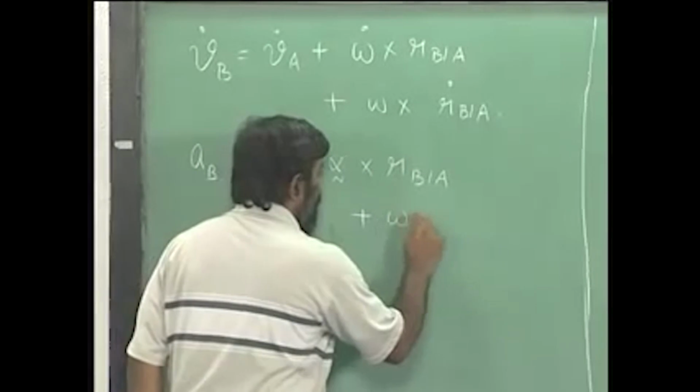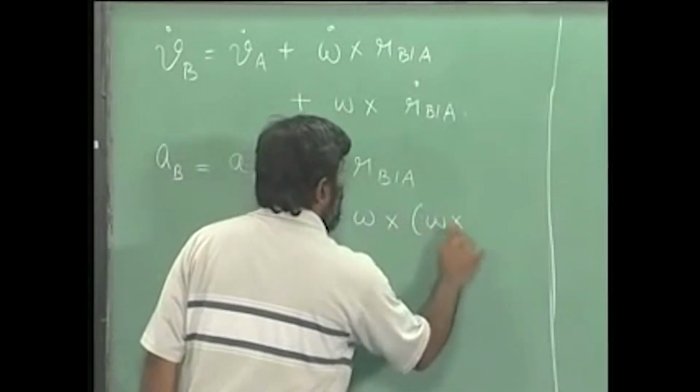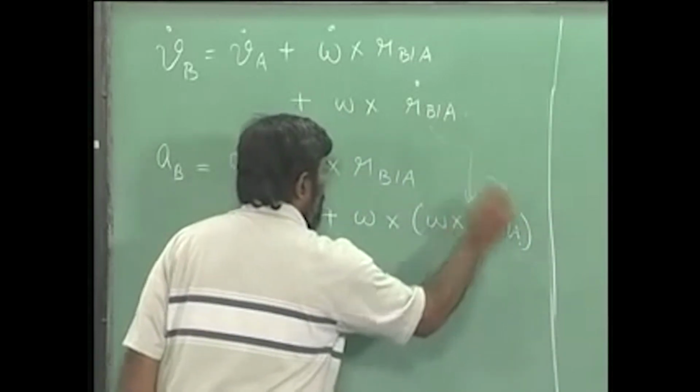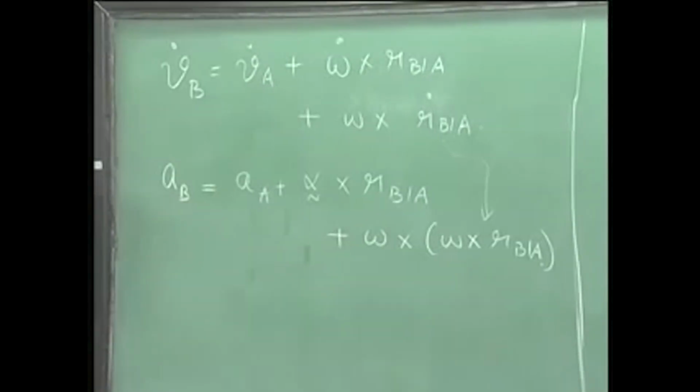So I will get omega cross R B with respect to A. That is it.